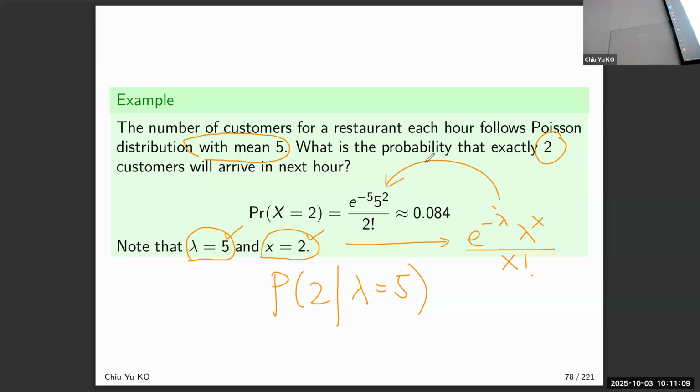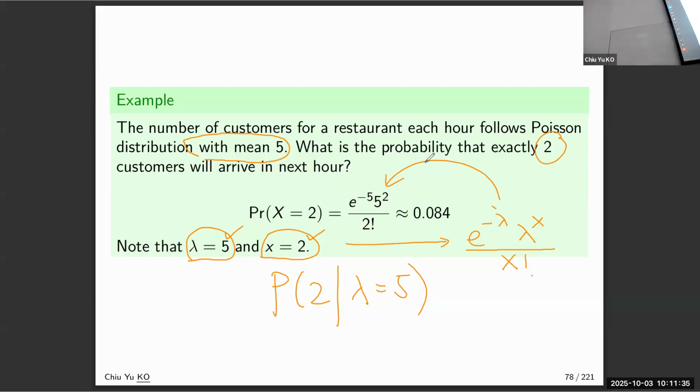Because binomial, you can only have 0 up to n, right? And I said n goes to infinity. So what kind of number you can have in Poisson is 0, 1, 2, up to infinity. So there's no limit on the Poisson.